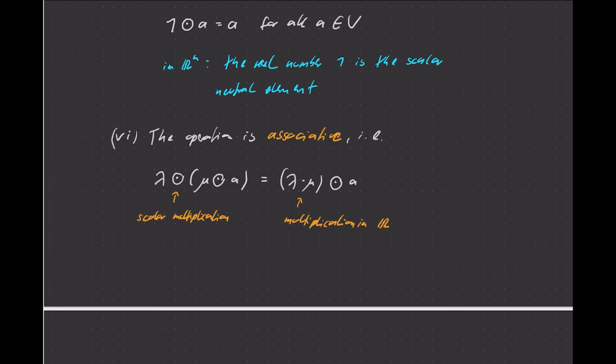And that, of course, has to hold for all lambda, mu in the reals and all a in V, as usual. And this is, of course, true in the real numbers, again, because the scalar multiplication is just defined component-wise. So again, this boils down to actually being the multiplication of real numbers.